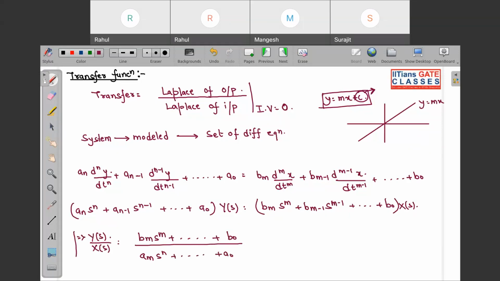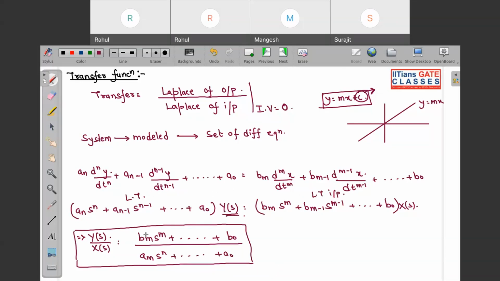This is actually your definition of the transfer function. Here you can see what I have done: I have taken the Laplace transform of output and the Laplace transform of input, and then separated it in terms of Y(s) and X(s).